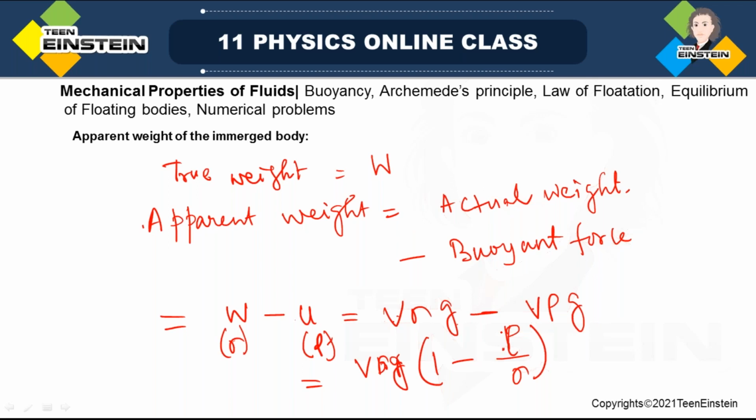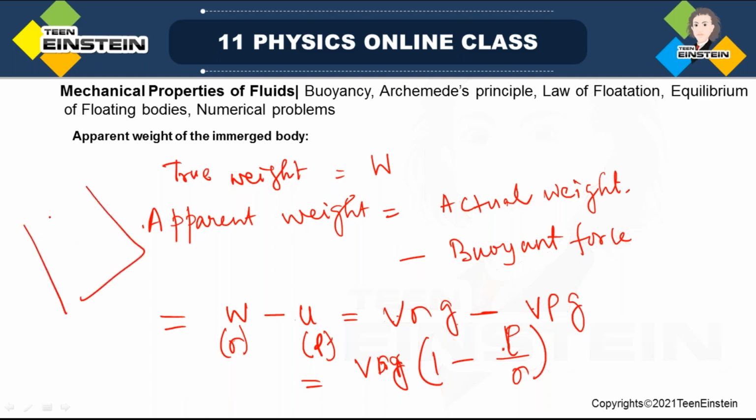Yes, these two volumes are the same because when we say displaced water, the water will be displaced of the same volume as the immersed object. Suppose you have a very huge object, but only a part of it is immersed, then the displaced water will have a volume of only that much, how much it is inside the water.